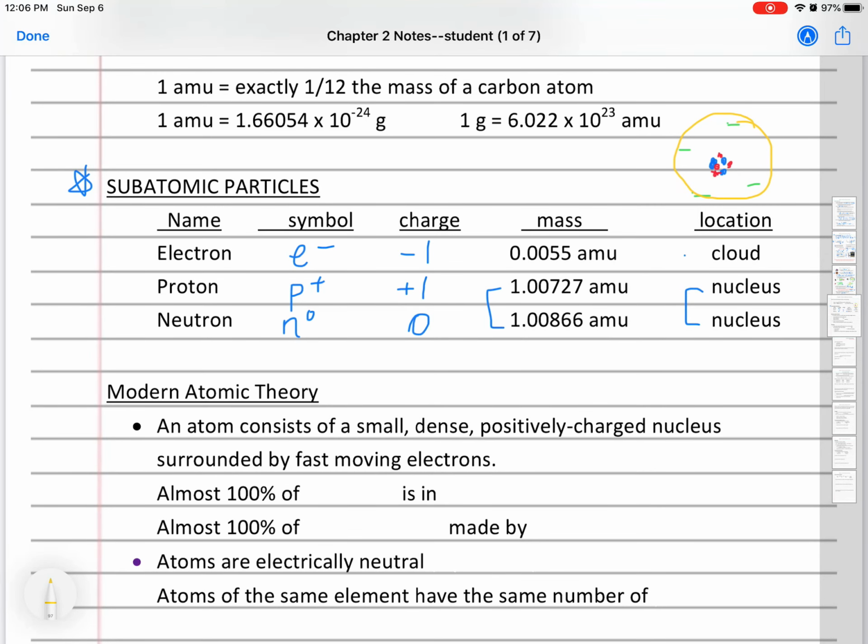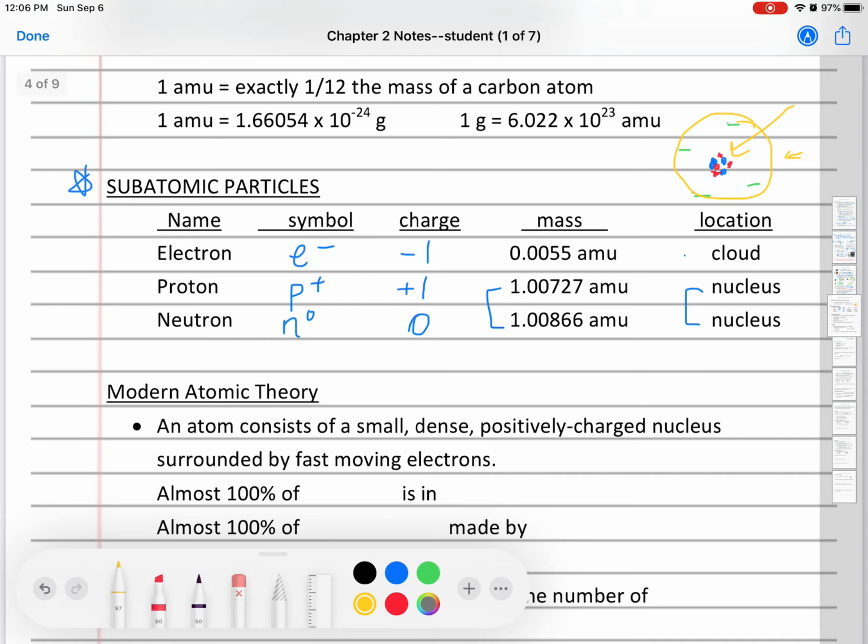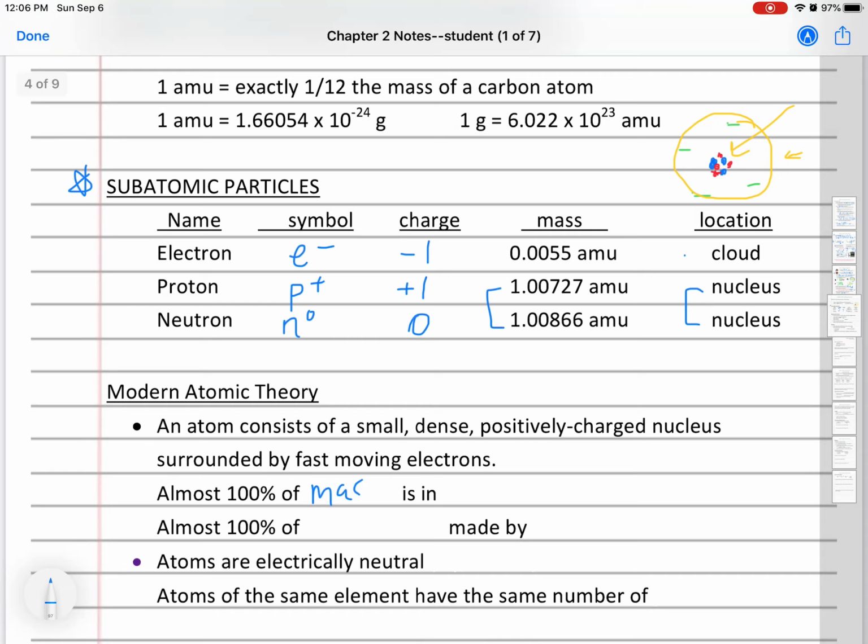I'm going to skip down to this modern atomic theory. So I've drawn the picture up here of our modern day atom, that an atom consists of a small, dense, positively charged nucleus that's surrounded by fast-moving electrons. Almost 100% of the mass of the atom is in the nucleus, because most of the mass comes from protons and neutrons.